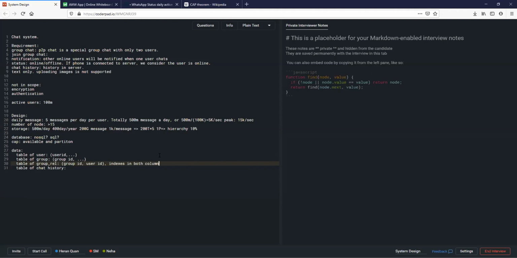Or if you see the combination of group ID and user ID as a primary key, it's a unique combination, so you basically need one index, I think. No, he's talking about this table. Each table has its own index, right? The user table would have user ID, and the group table would have group ID. But why are we spending too much time on indexes?